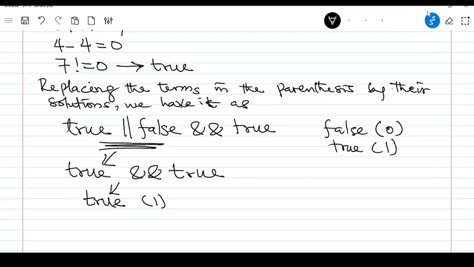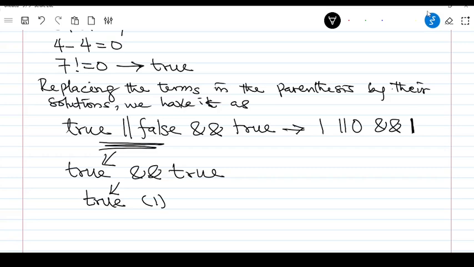So similarly, if we do it here also, we're going to have true or false, and true is going to be 1 or 0. Let me just write it properly. If you want to solve with 1 and 0, you are going to have here as 1, which is true, or 0 and 1.